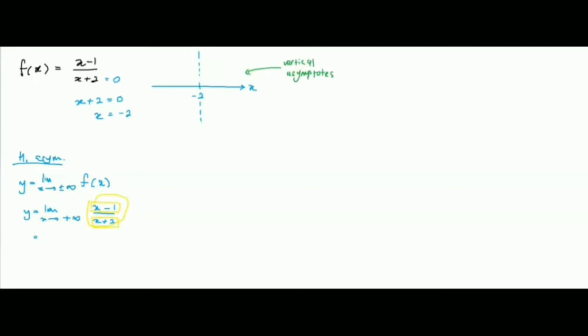So we will write it back, limit x approaching infinity, x minus 1 divided by x over, in bracket, x plus 2 divided by x.